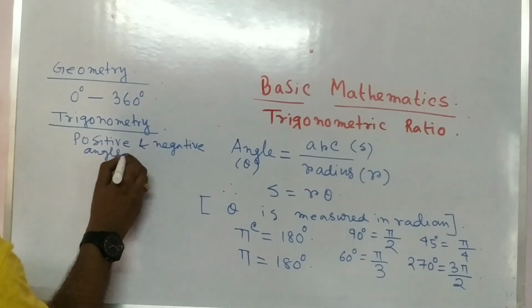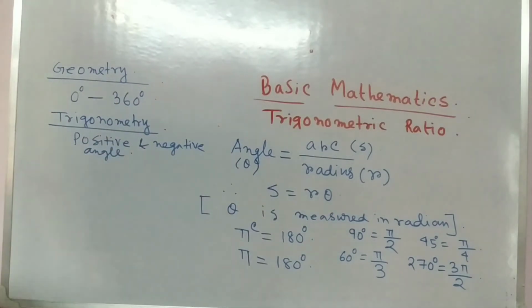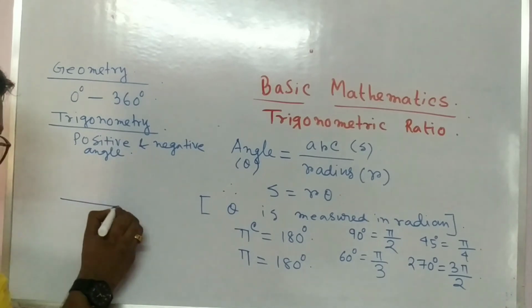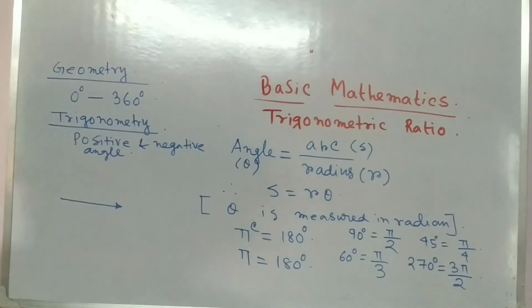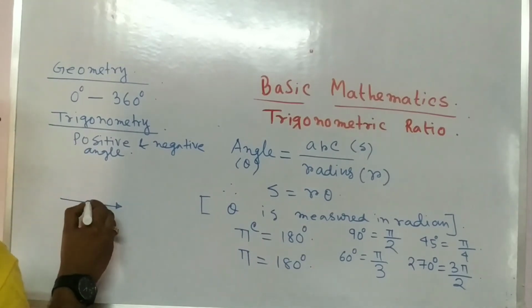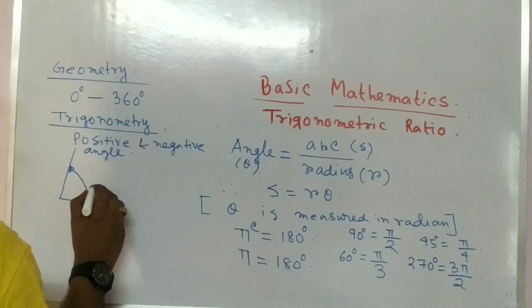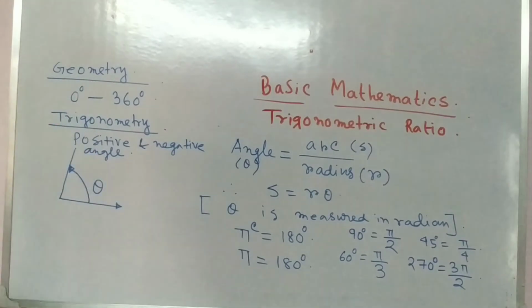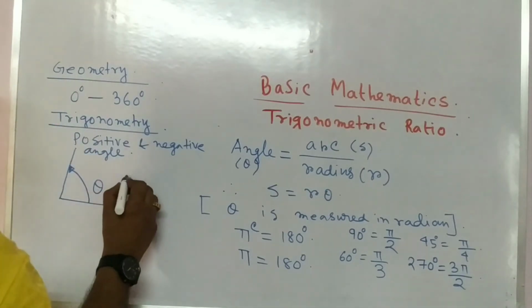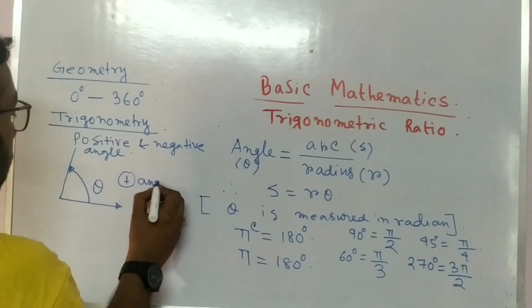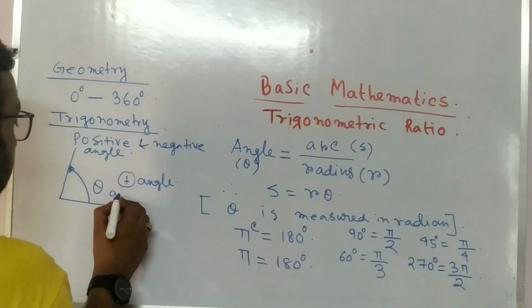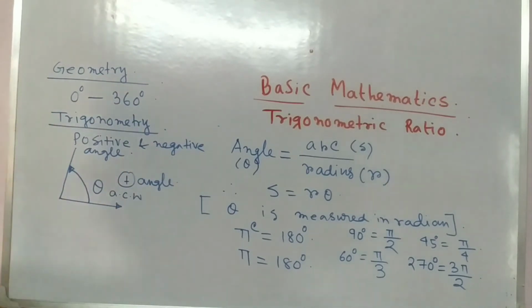Now you need to learn what is positive angle. Just take a ray, and if you move this ray anti-clockwise, the theta subtended here is called positive angle. You need to move anti-clockwise.